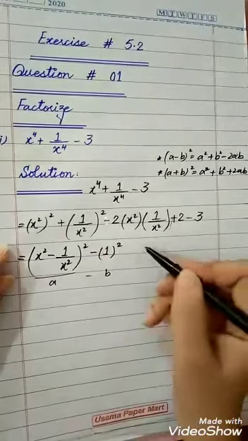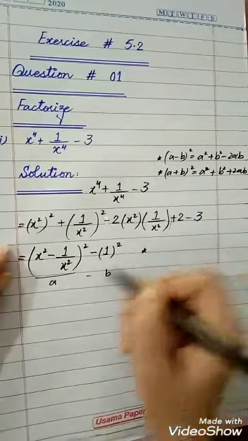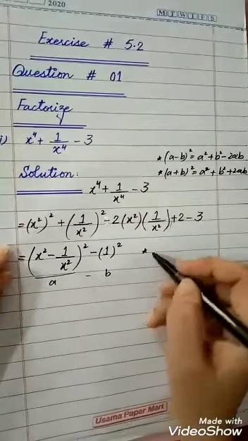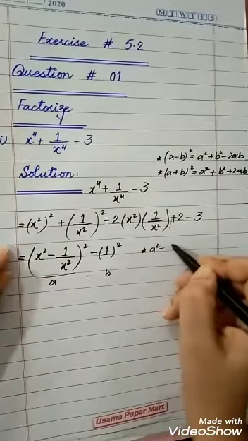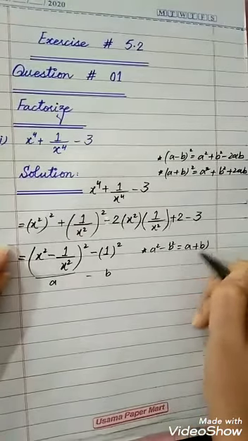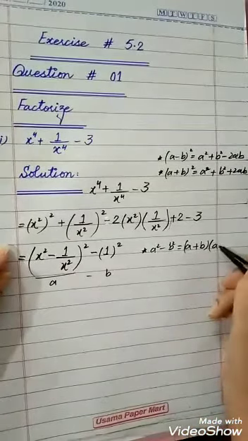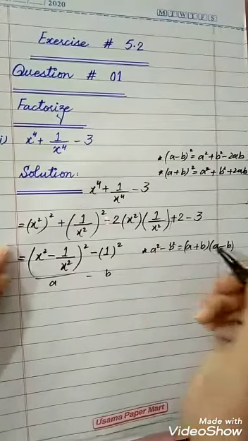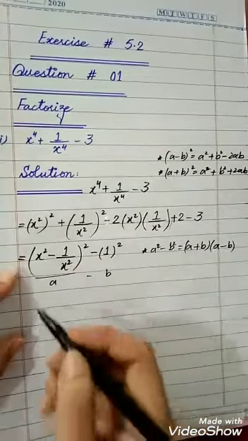You also know very well about this formula: a square minus b square is equal to a plus b into a minus b. We can apply this formula here.